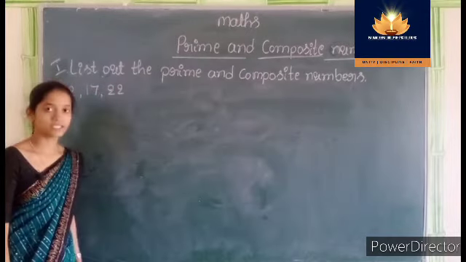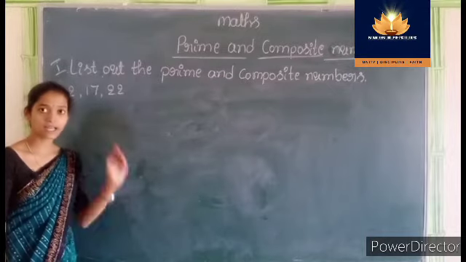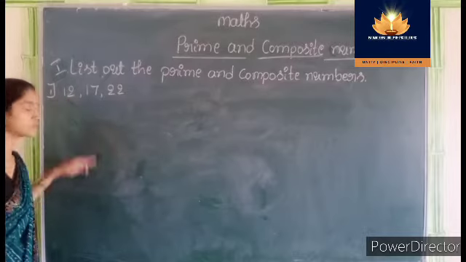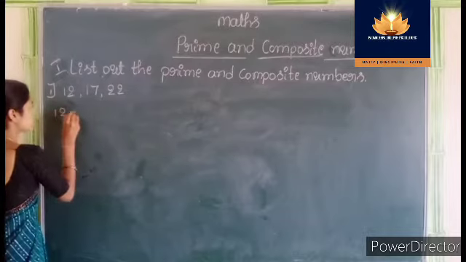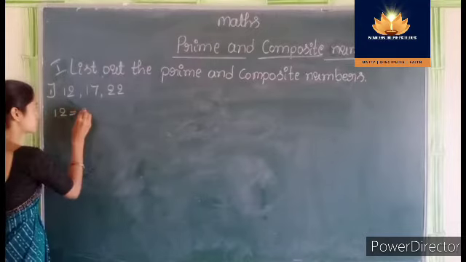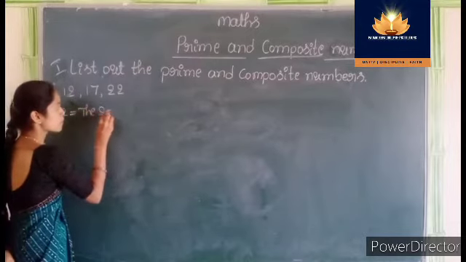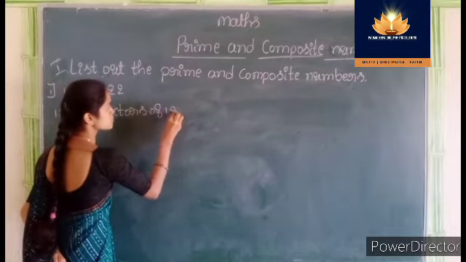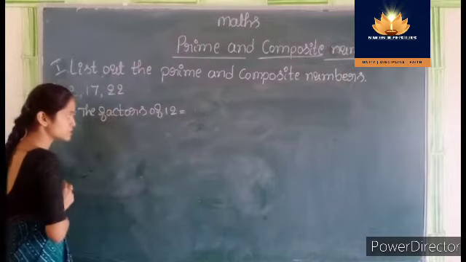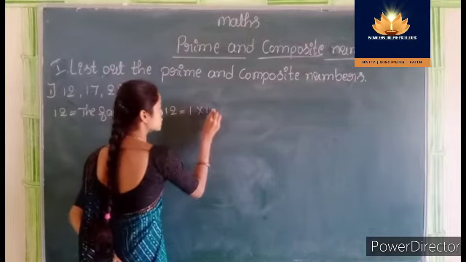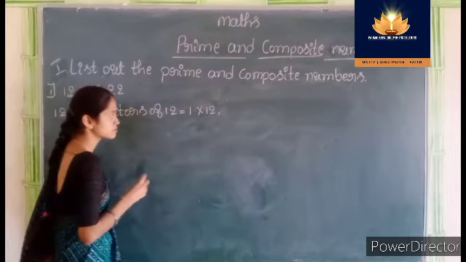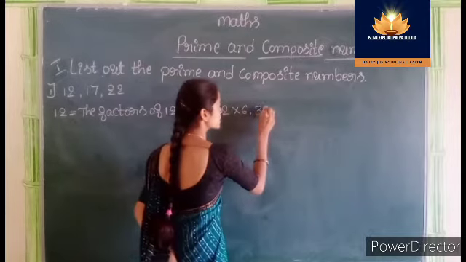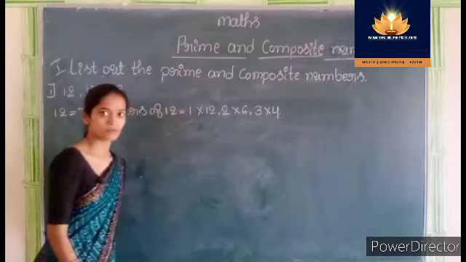List out the prime and composite numbers among these 3 numbers. So first let us check whether 12 is a composite or prime number. The factors of 12. So 12 can be written as 1 into 12, then 2 into 6, then 3 into 4.